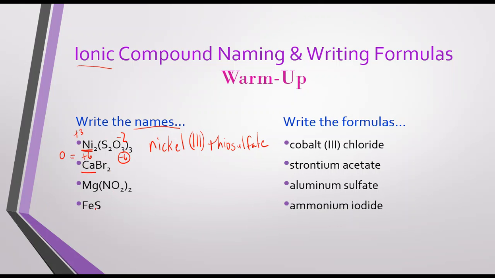How about this one? What's Ca? Calcium. So let's write in calcium. Very good. Does calcium get a Roman numeral? No, right? Because calcium is part of group 2, the alkaline earth metals. It always has a +2.